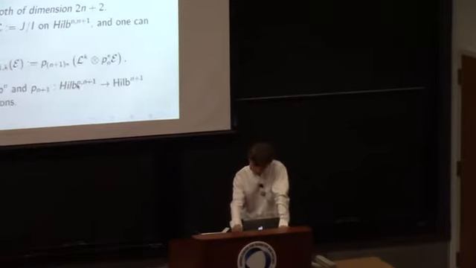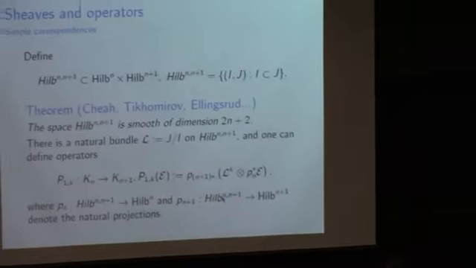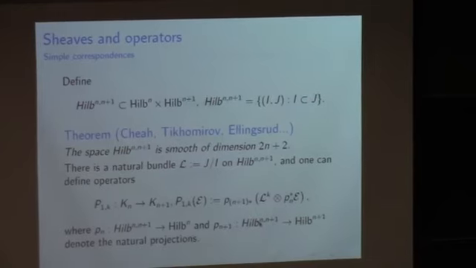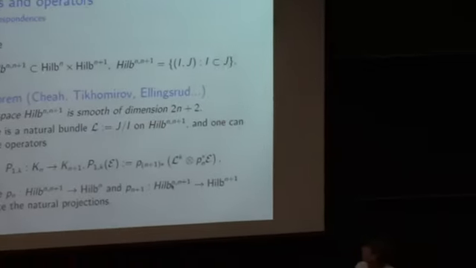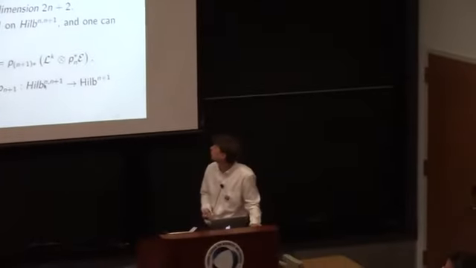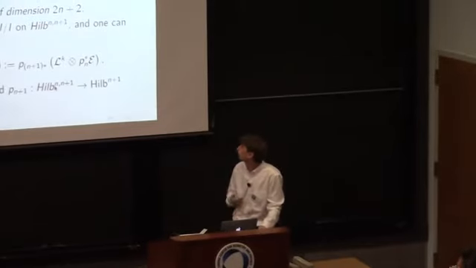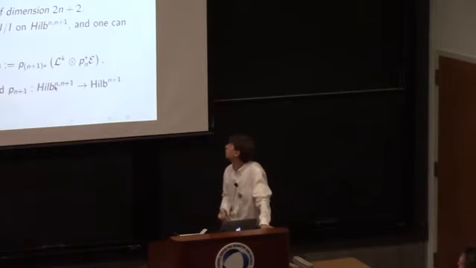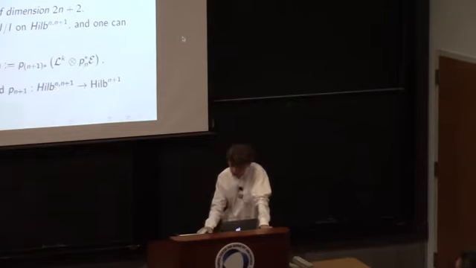So okay, all this was about the Hilbert scheme, and all this is kind of classical. Another piece of classical information is that there is a correspondence between the Hilbert scheme of n points and the Hilbert scheme of n plus 1 points, consisting of pairs of ideals I and J, where I is a sub-ideal in J. So J has codimension n, I has codimension n plus 1, and if one is inside another, this is some correspondence in the product of these two.